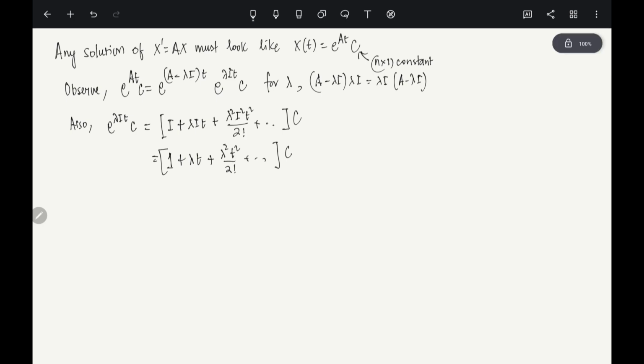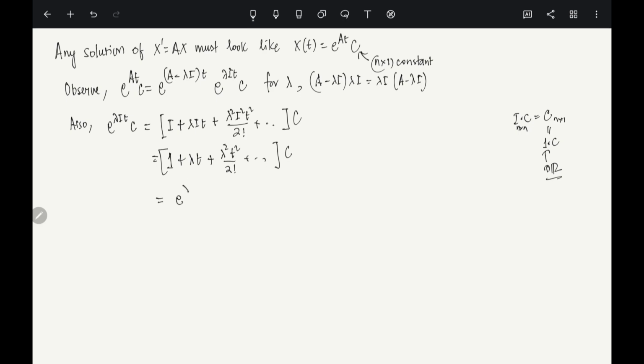Is it okay? Identity times C is the matrix C, an n cross 1 matrix, whatever it is, but an n cross 1 matrix C, right? Identity is n cross n. Now you see, this matrix C is nothing but 1 times C. 1 is the scalar in R, so we are using that fact here. If you do that, what is this?